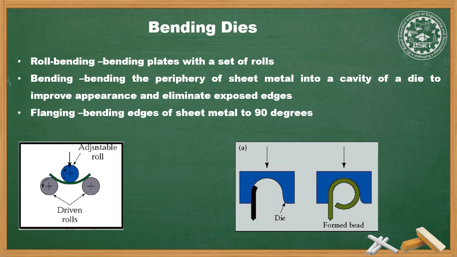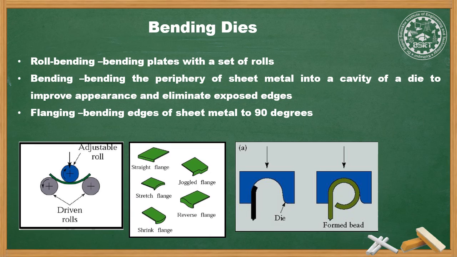Third is flanging. Flanging is bending edges of the sheet metal at 90 degrees or at various angles as shown in the figure. Bending the edges of sheets to 90 degrees for improving their stiffness or for assembly is called flanging. If the angle of bend is less than 90 degrees, it is called flaring.